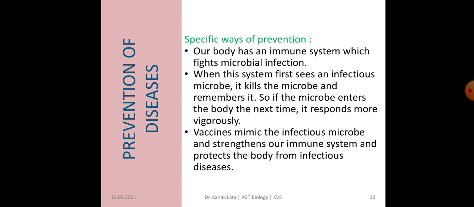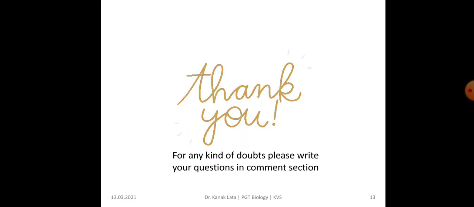This is called the primary and secondary immune response. Vaccines mimic the infectious microbes and strengthen our immune system and thus protect our body from infectious diseases. So there are two ways. One is the general ways, another is the specific ways. Thank you. For any kind of doubts, please write your question in the comment section.